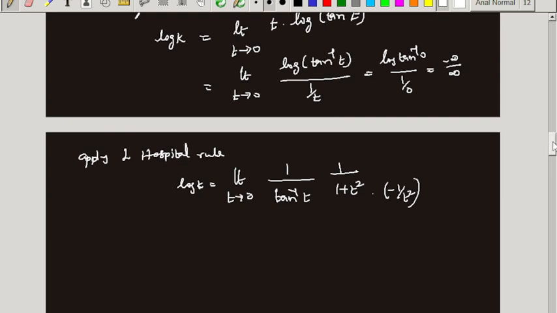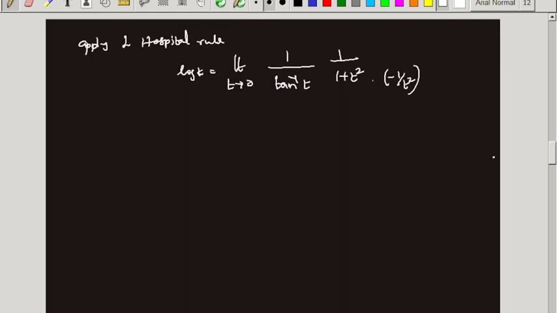So we do a small modification here. We must have f of x by g of x. So here we do the reciprocal. We get minus t square dividing by 1 plus t square into tan inverse of t.